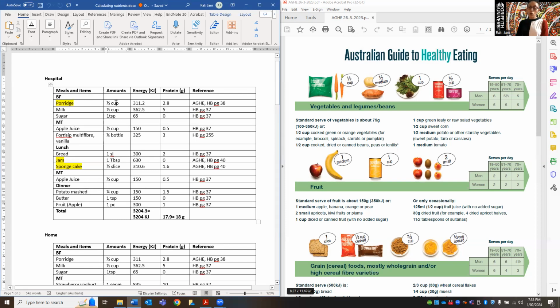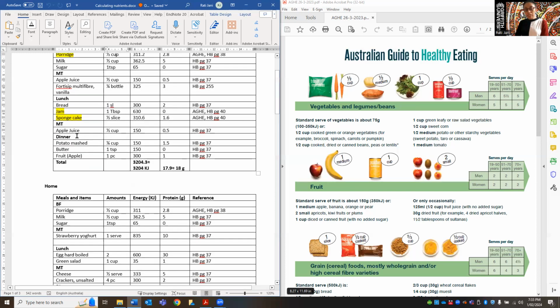This is very important: the food record chart is generally completed by nurses and sometimes by dietitian assistants, and they will provide you the information in terms of household measurements, as you can see in the Food Record Chart, Queensland Health template.